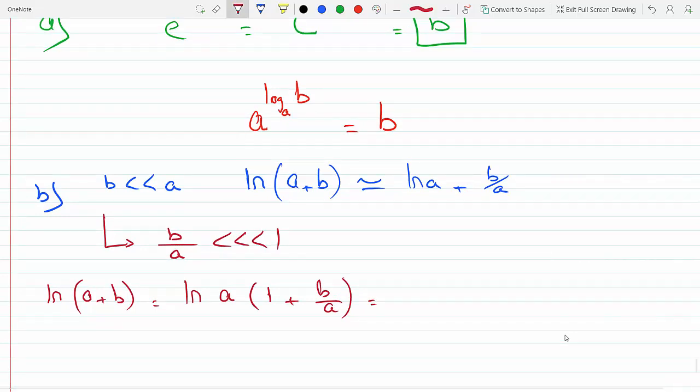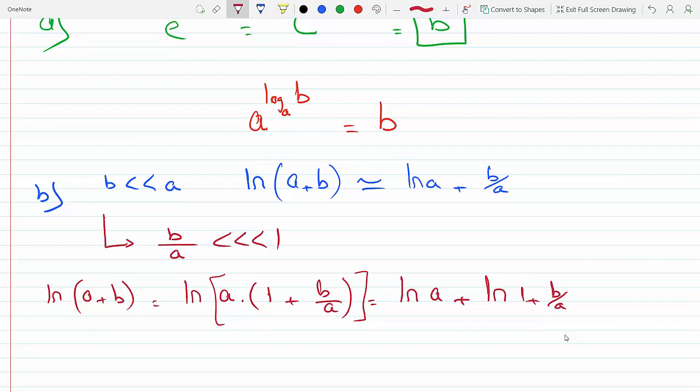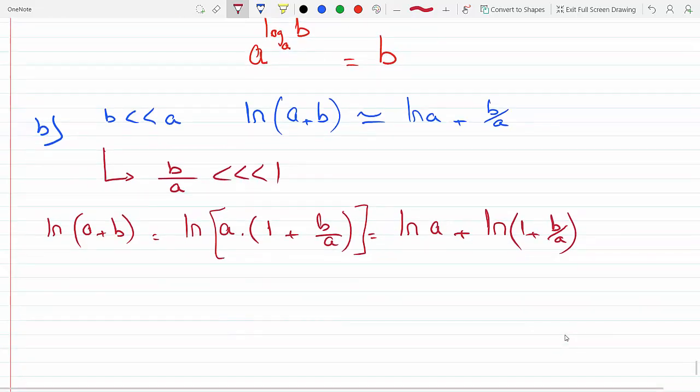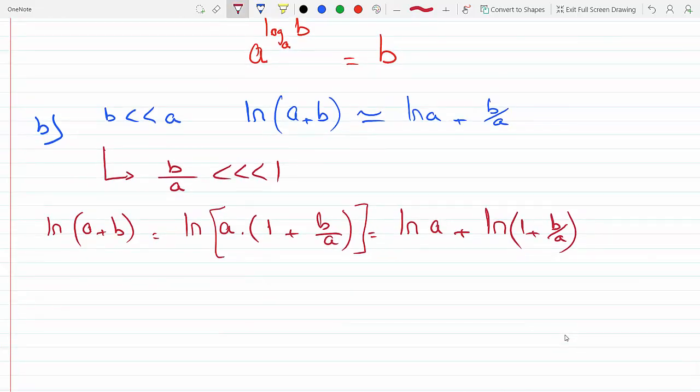And the product of two terms inside the log would just be log the first plus log the second. Okay, so ln a plus ln 1 plus b over a.